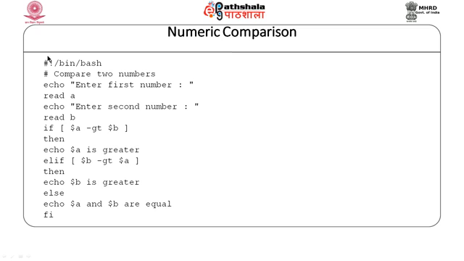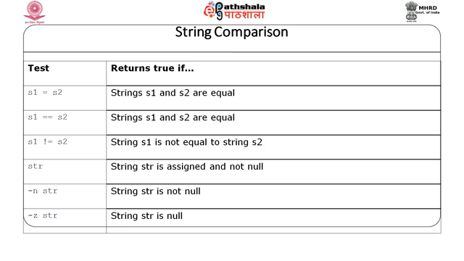within if block. We can also use string comparison. We can compare whether two strings are equal, whether two strings are not equal, whether the string has null character or it does not have null character. So, over here instead of using EQ, not equal to, we use these symbols, whether the strings are equal or not, whether it is not equal, whether the string does not contain null character.